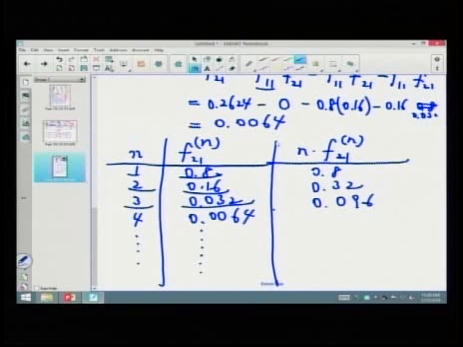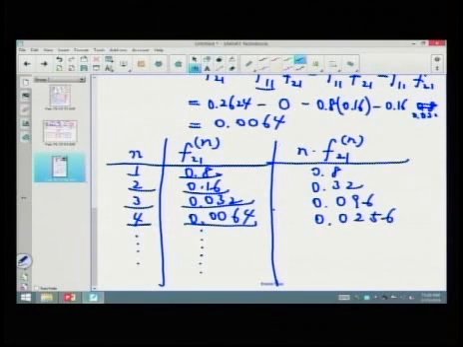And then 4 times this is 0.0256. Keep going.